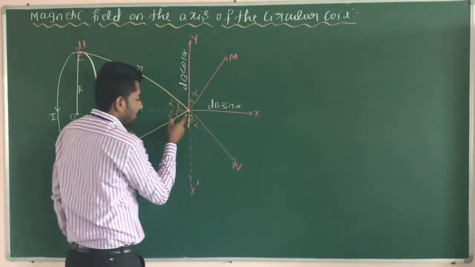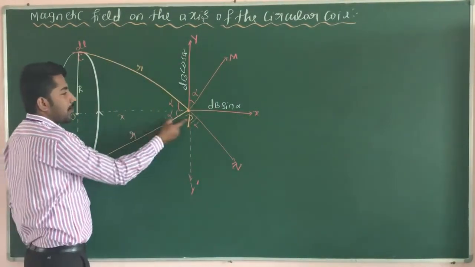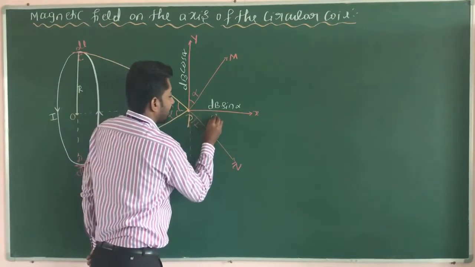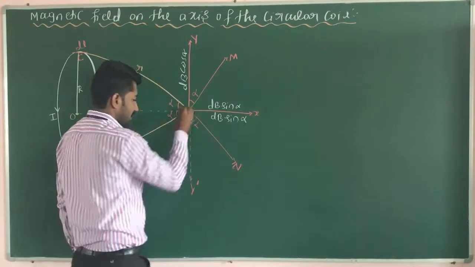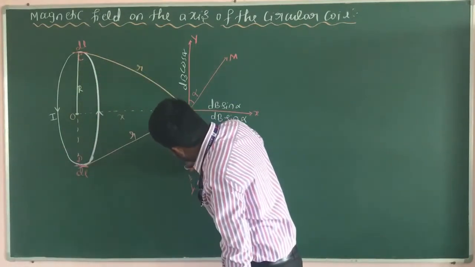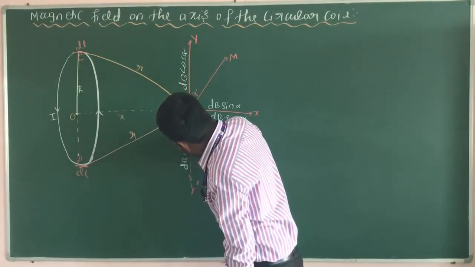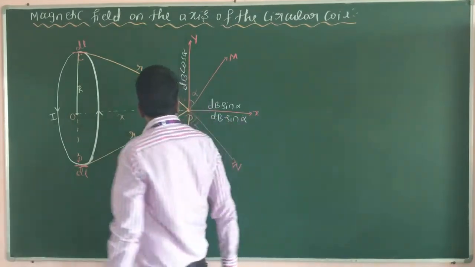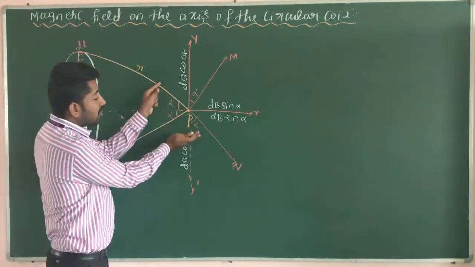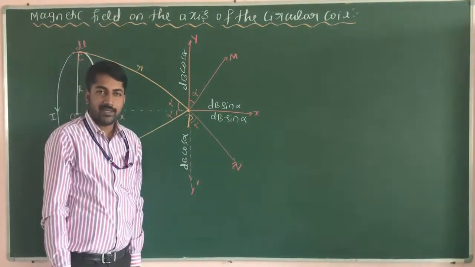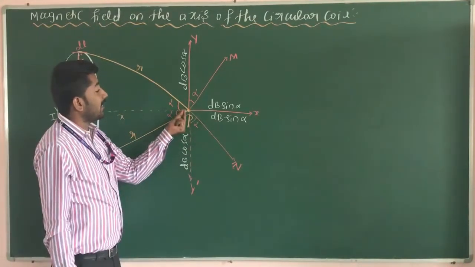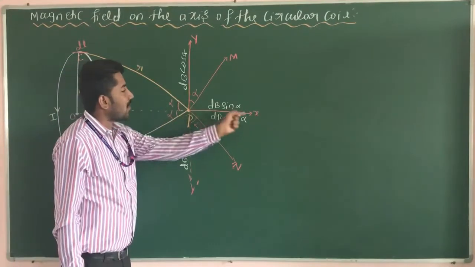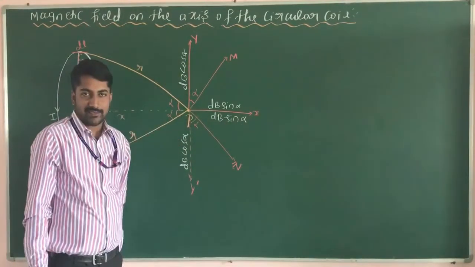Due to the current element D at a point P, again dB sin alpha along this axis and dB cos alpha on the other. This is the resolution of the magnetic field into two components along the x-axis and y-axis.